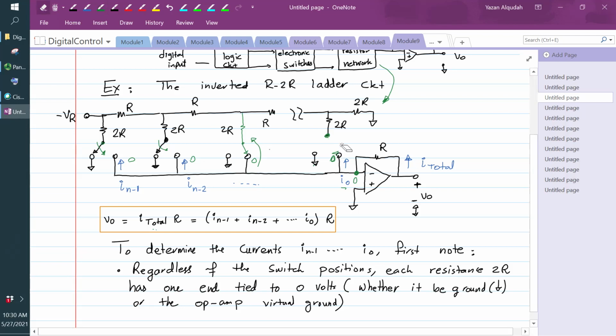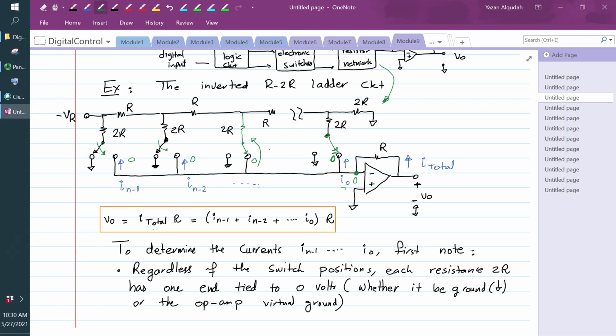So again, if this switch is here, then I0 is going to equal 0. There is no I0 that's going to go to the op-amp from this resistor. However, if I have it connected here, then I0 is going to contribute to the output voltage, by contributing to I total.